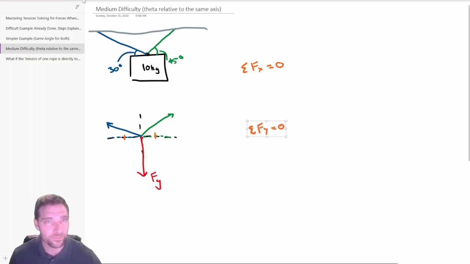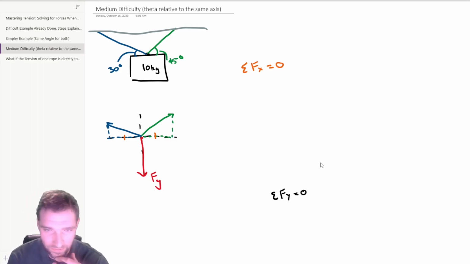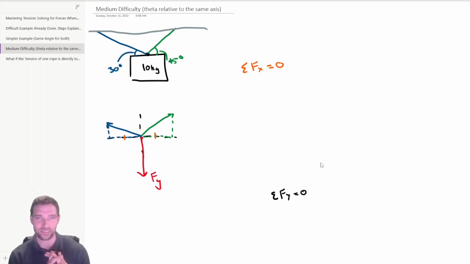And in the y, they should be summing up to cancel out the gravity, but you can just see visually right now that the green is going to have a bit more in the y direction than the blue. So it's going to have a larger y component contributing, and we can't really say exactly what portion it is right now without doing some substitutions. So we can see that we're writing out the sum of forces here in terms of the x-axis.